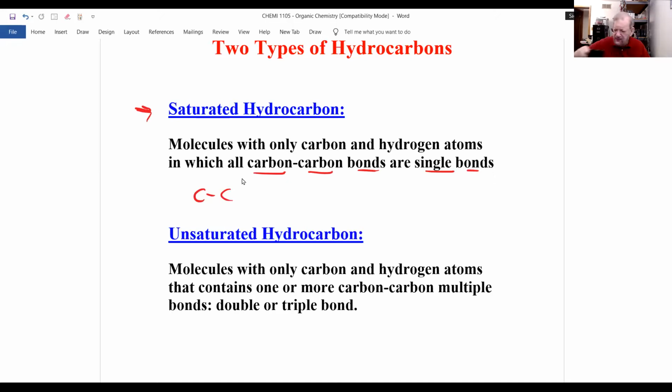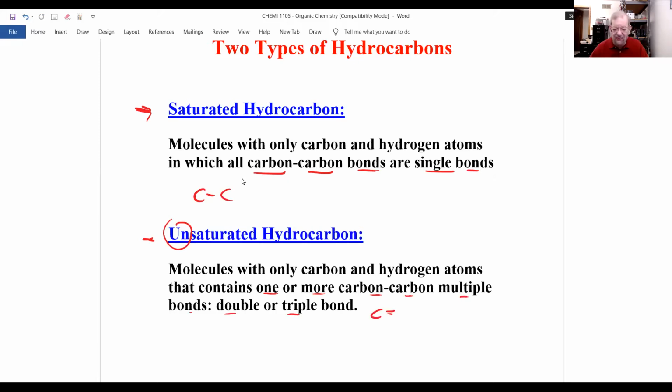Now, the other type of hydrocarbon is an unsaturated hydrocarbon. Unsaturated molecules have only carbon and hydrogen atoms, but contain at least one or more carbon-carbon multiple bonds, which we call double or triple bonds.